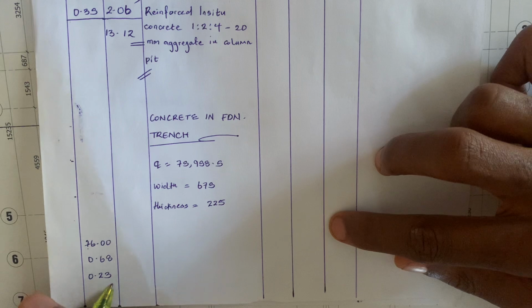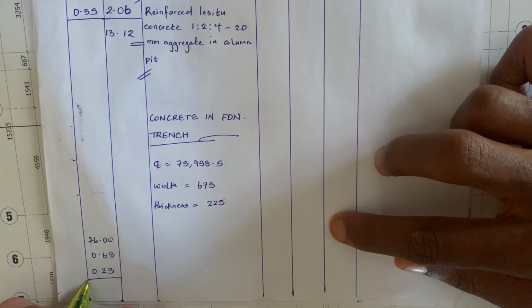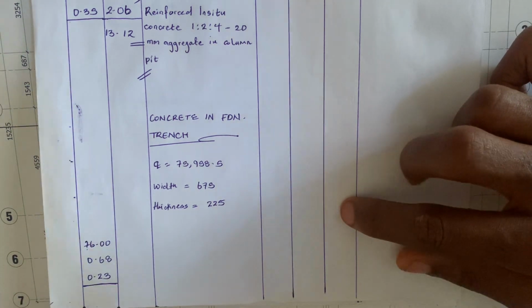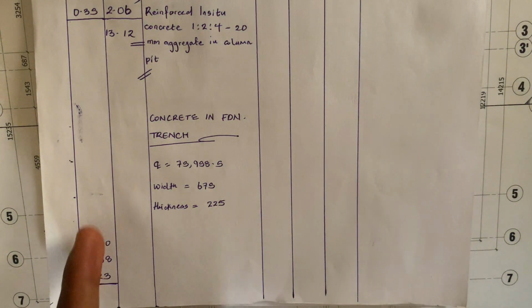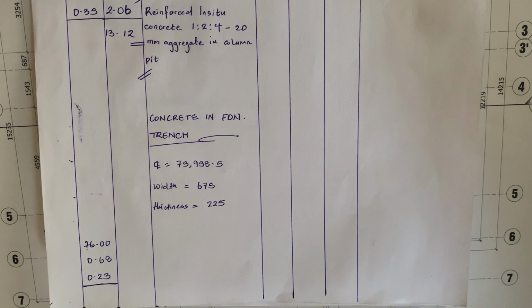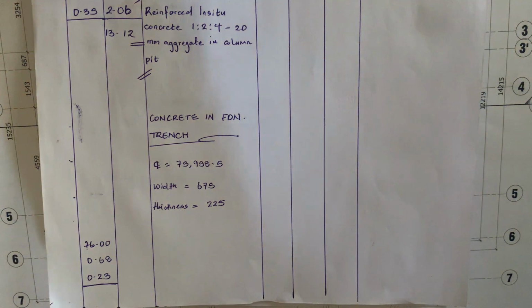So doing this, we've measured for the volume of concrete in our foundation trench. So all we're just going to be doing now is to get the value. So 76 times 0.68 times 0.23 is equal to 11.89.